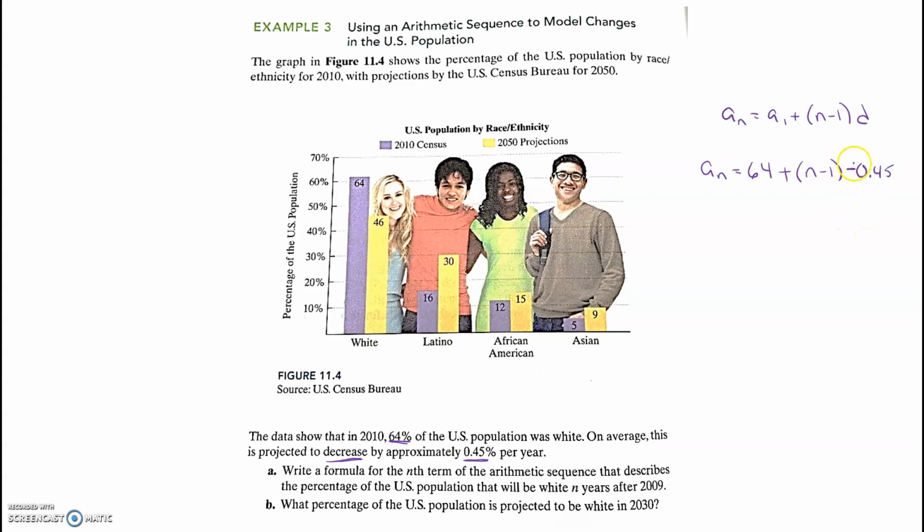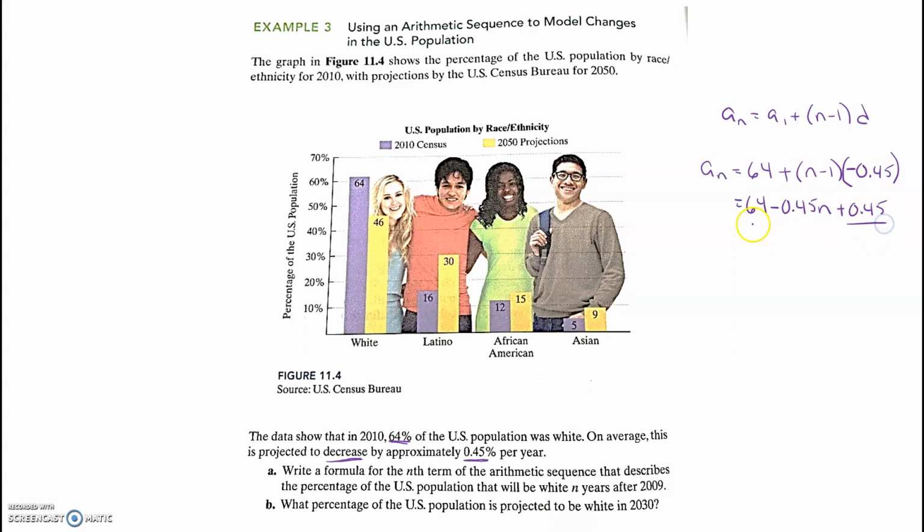Now, this doesn't look too pretty. I don't want it to look like a minus. That's a negative. So we're going to pretty it up a little bit. We're going to leave that 64 alone. We're going to go ahead and distribute. Negative 0.45 times n is negative 0.45n. Negative times a negative makes a positive 0.45.